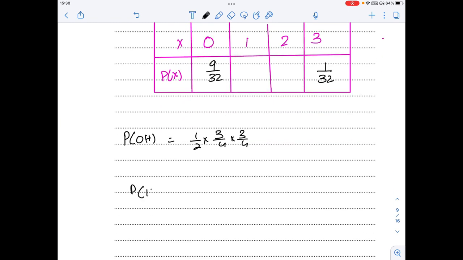Now 1 head. So it can be head, tail, tail, or tail, head, tail, or tail, tail, head. So what am I going to write? 1 head, tail, tail, or tail, head, tail, or tail, tail, head.